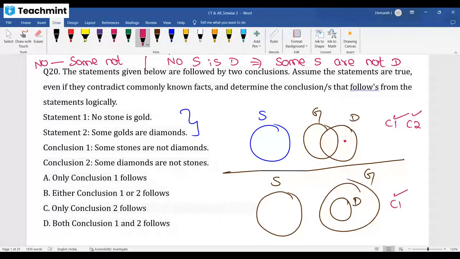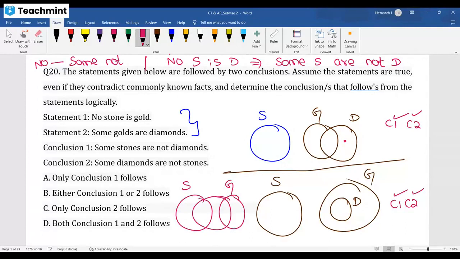Here, some diamonds are not stones. Stones are not connected to diamond. This is also okay. Then think, no stone is gold. Only stone and gold not connected. Some gold are diamonds.